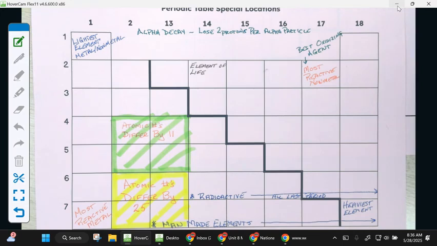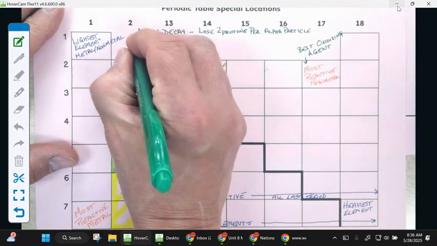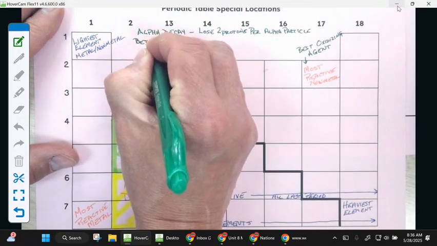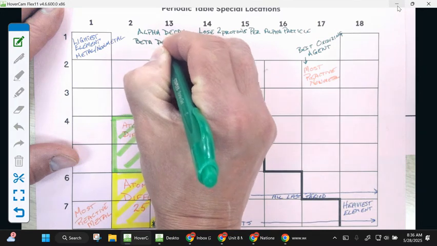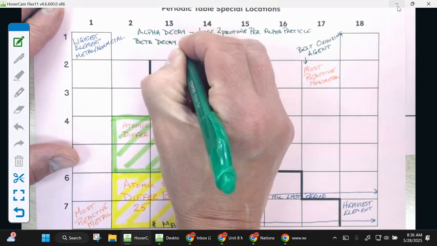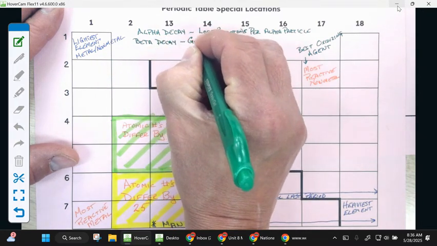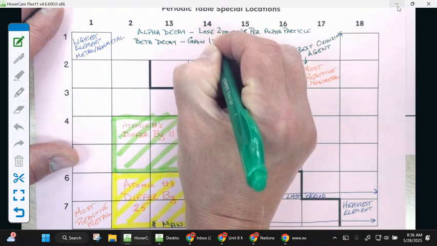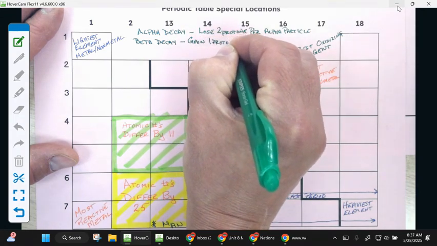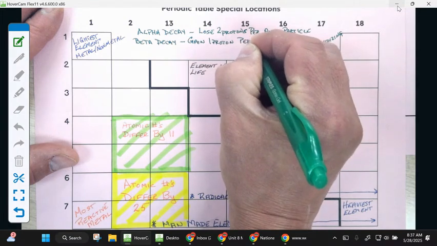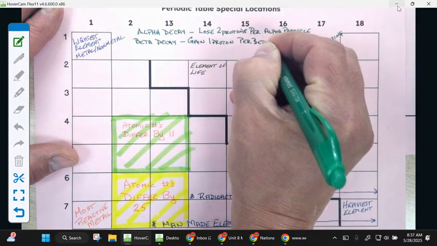Now, the next one is called beta decay. In beta decay, you gain 1 proton per beta particle.